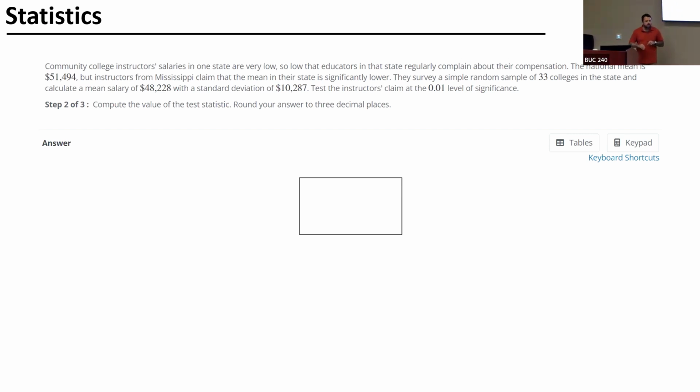So let's see if you can do it now. Everybody remember how to get to your inverse T? Remember that is going to be the second and then the vars. And then you can go through there, because that'll be where your normal CDF, normal PDF, inverse norm, inverse T buttons are.